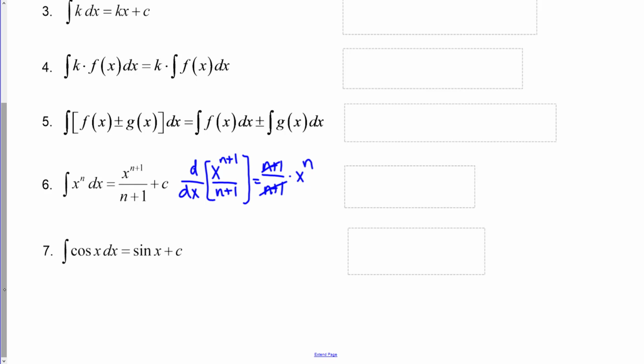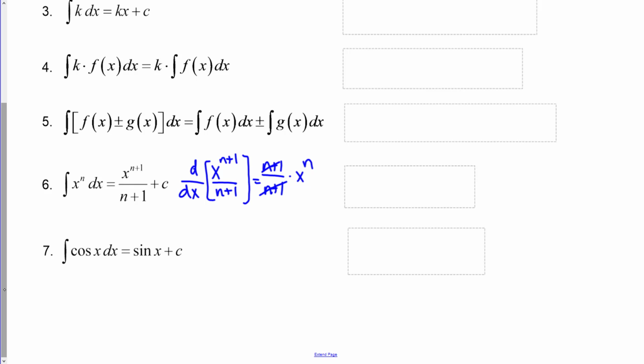Next, the antiderivative of cosine x is equal to sine x. Now, this is the inverse of the sine and cosine rule for derivatives, which was really nice because these were derivatives of each other, basically. But if you did the derivative of cosine, it resulted in negative sine.